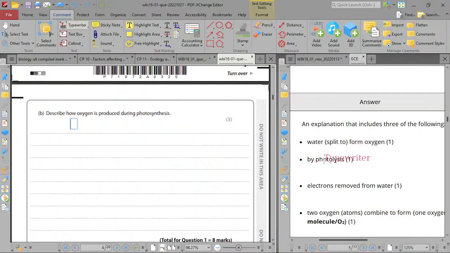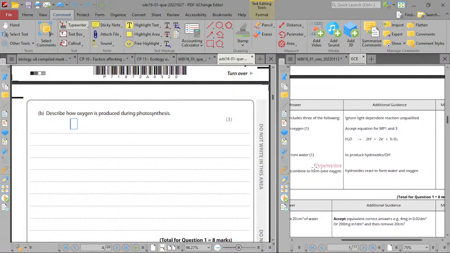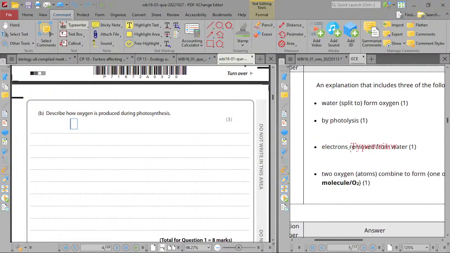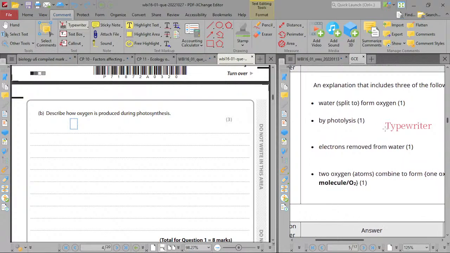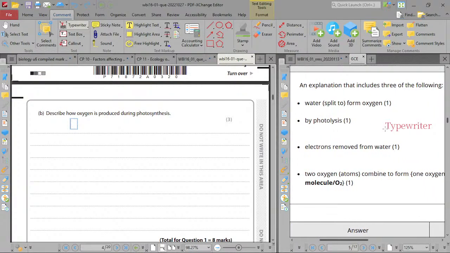So photolysis, that's the thing. So water splits to form oxygen by photolysis. Electrons removed from water. Two oxygen molecules combine to form one. Yeah.